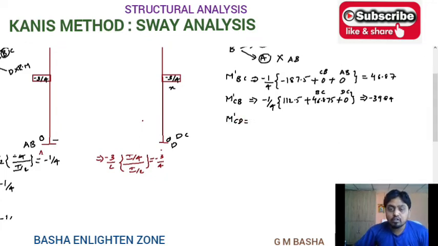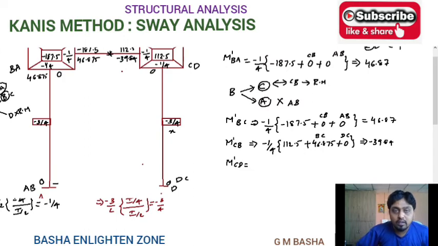So for M dash CD also you can see here minus 1/4.